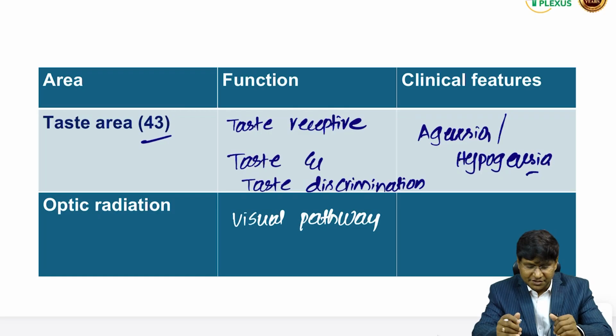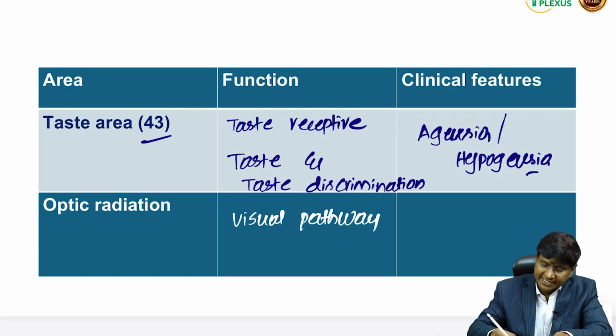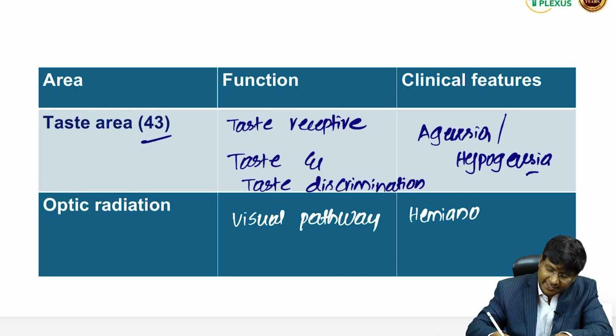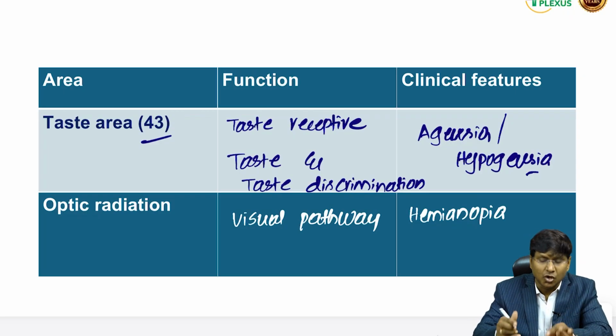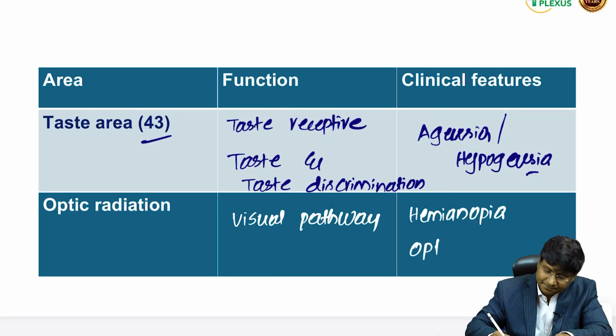And what will be the clinical features when there is involvement of the optic radiation? There will be homonymous hemianopia, and there is also a defect in the optokinetic nystagmus.